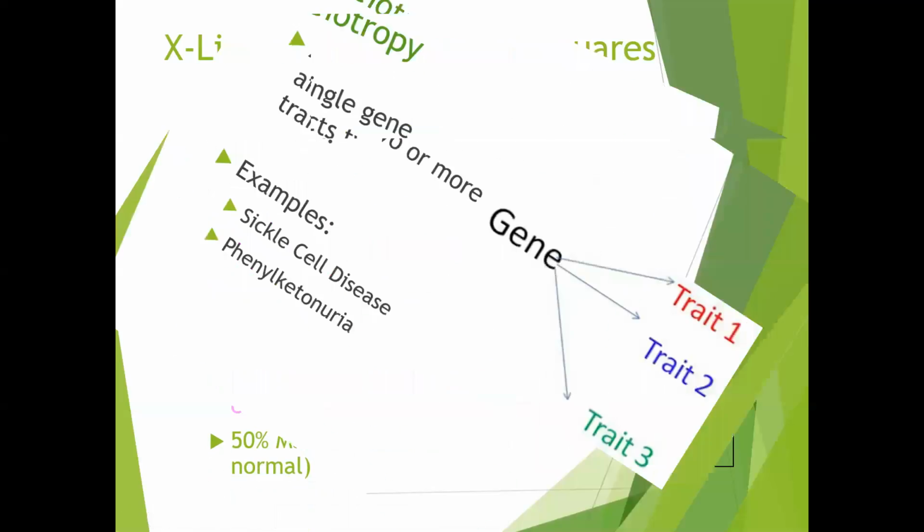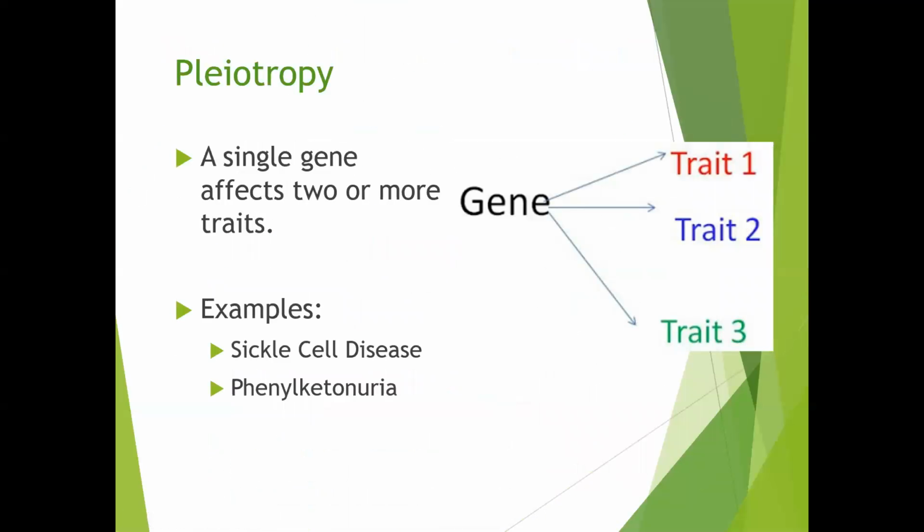The last two types of genetic exceptions that we're going to talk about are pleiotropy and multiple alleles that will code for one trait. Pleiotropy is a single gene that affects two or more traits. Some examples in humans are sickle cell disease.